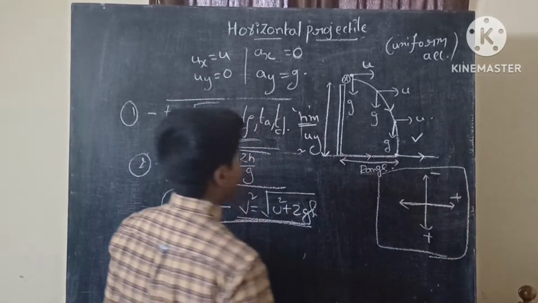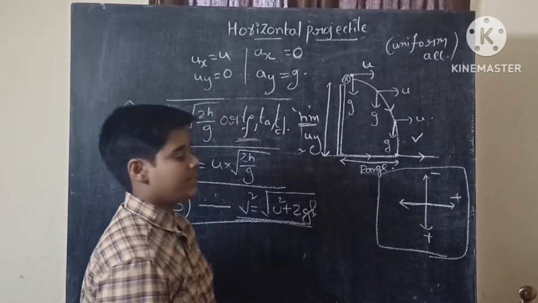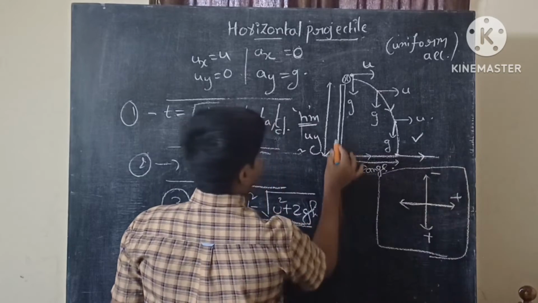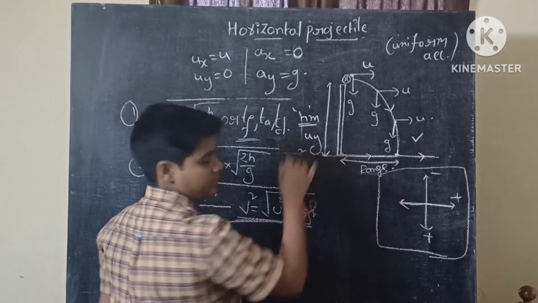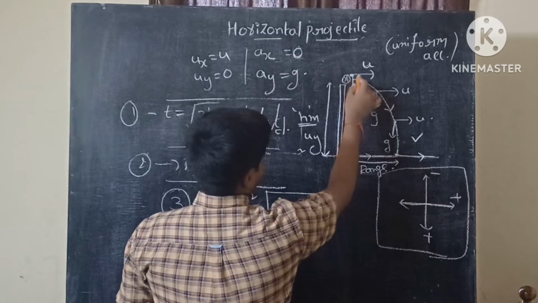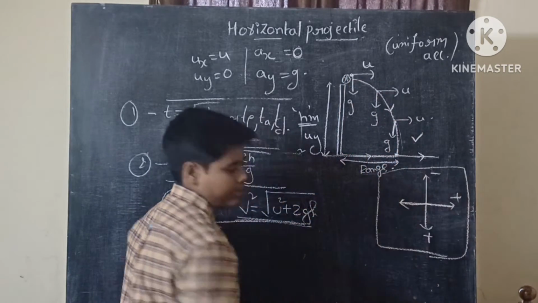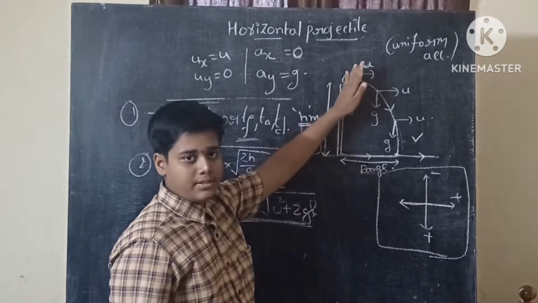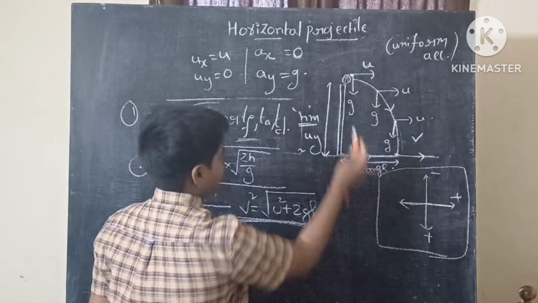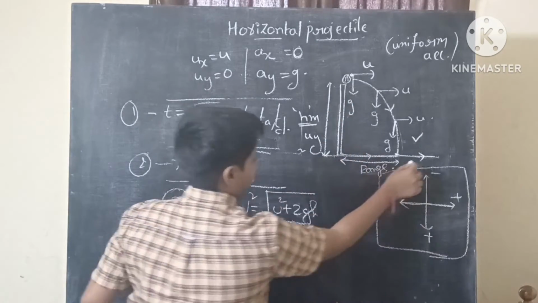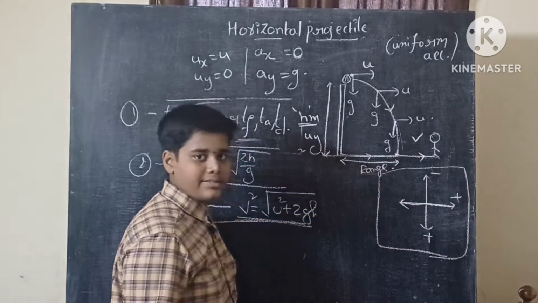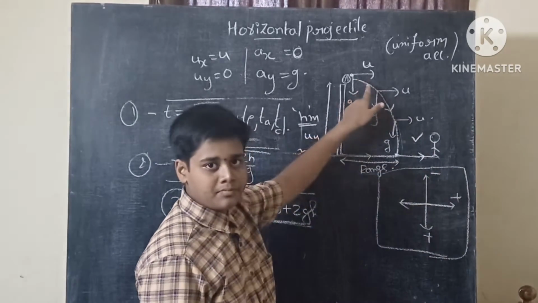So this is horizontal projectile. I will explain again. See, here I am taking a ground and a tower with height h meters, and a ball is there, and this ball travels horizontally. If I push a ball with some velocity, it travels horizontally from a tower. But here, a very important point: in the ground a person is there.